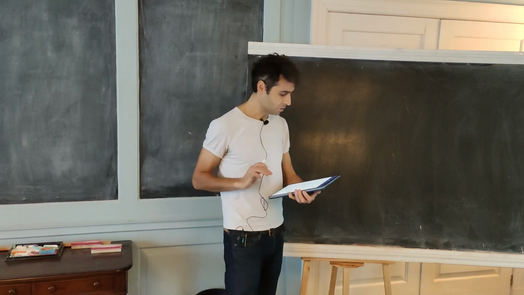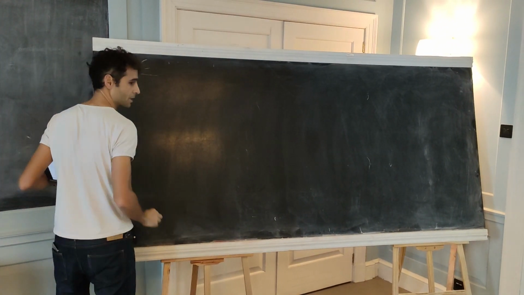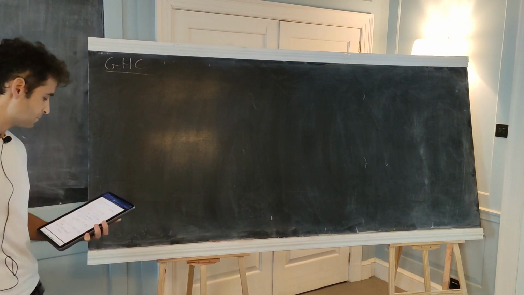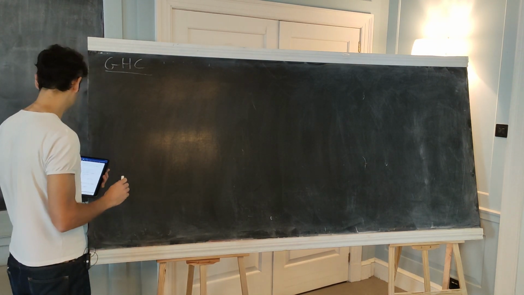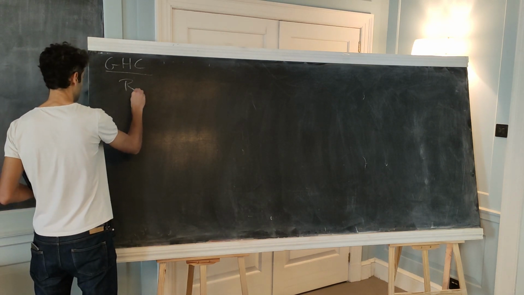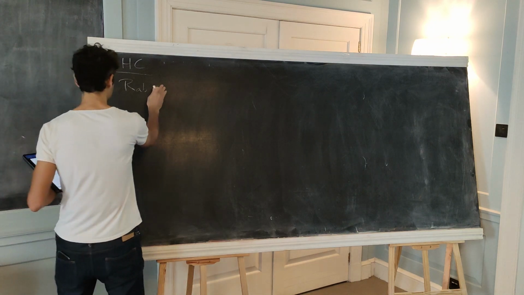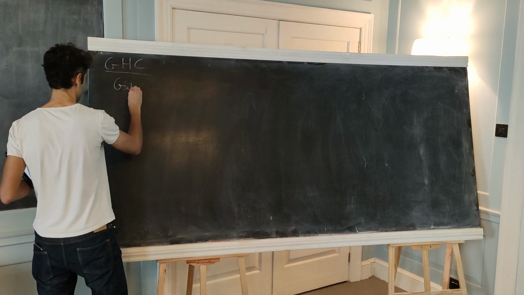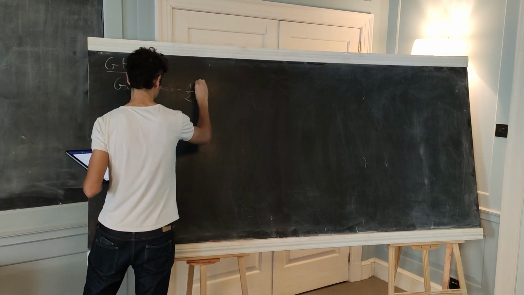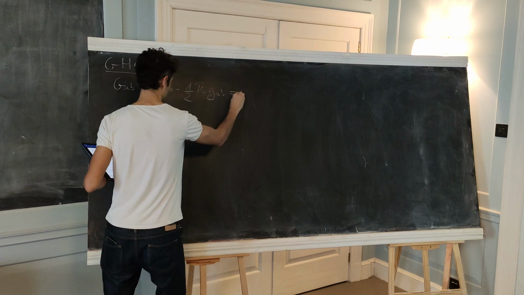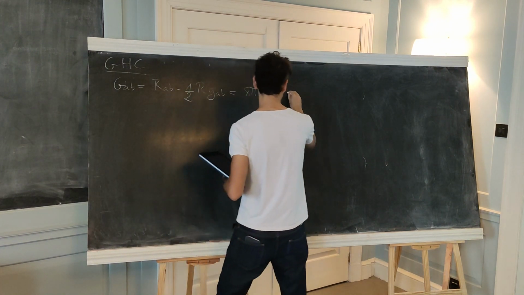Okay. So let's go to generalized harmonic coordinates, GHC. All right. So let's start again with the Einstein equations, and now I will write them in the trace-reversed form. So you have the Ricci tensor equal to 8π times the stress-energy tensor minus its trace term, and that's the same thing.